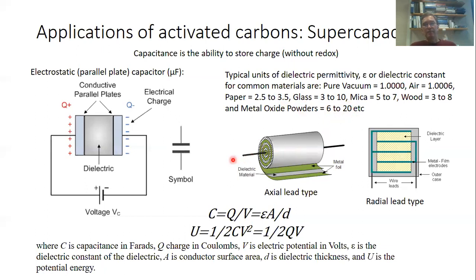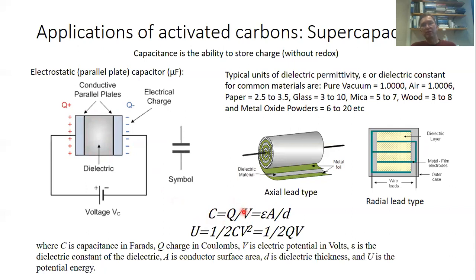Okay. So therefore, the nature of the dielectric strongly influences the capacitance. Okay. So now capacitance is given generally as the number of charges that are on our capacitor plates over the voltage.